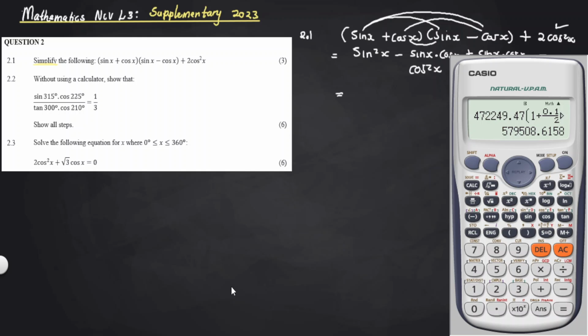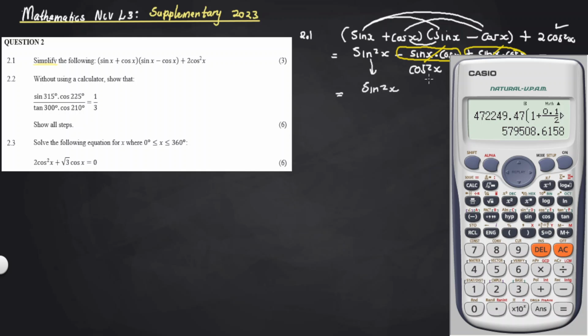equal to. Now if you pay close attention, you're gonna see these are like terms. Sine cos, these are like terms, but one is negative, another one is positive, so they cancel, right? I'm now left with sine squared x. This I'm writing as it is.